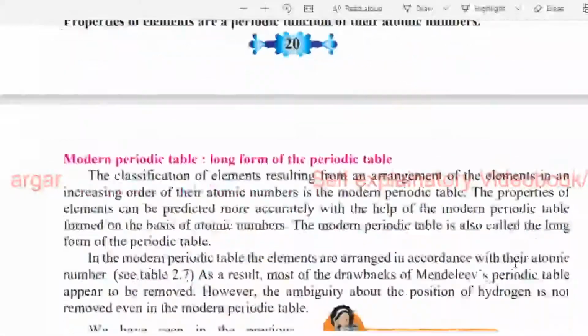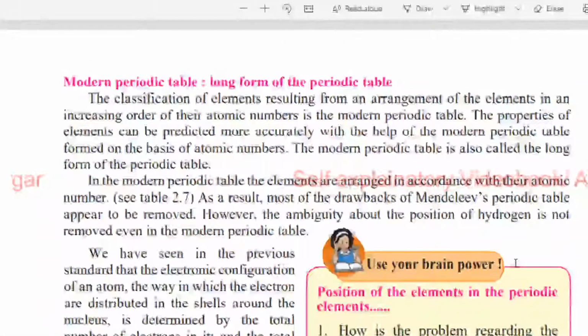Next topic is the modern periodic table, the long form of the periodic table. The classification of elements resulting from an arrangement of the elements in increasing order of their atomic number is the modern periodic table. The properties of elements can be predicted more accurately with the help of the modern periodic table formed on the basis of atomic numbers.